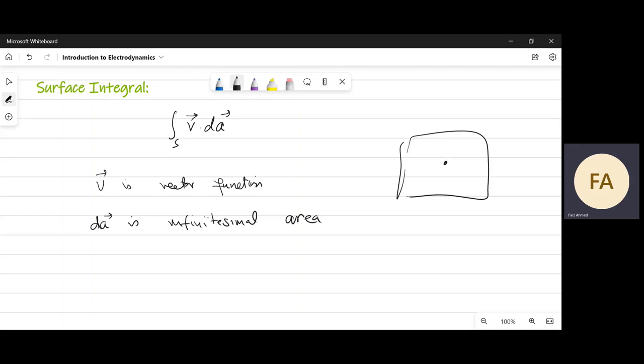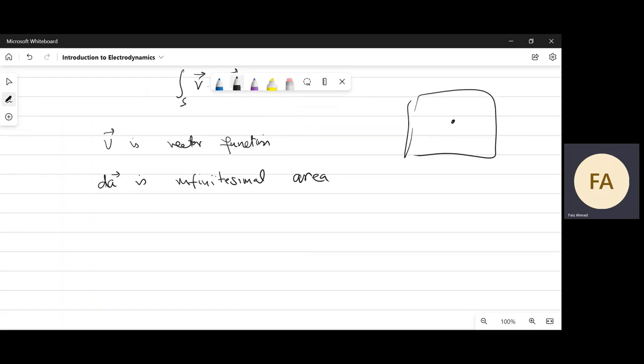The inward normal is normally taken with a negative sign. The area as a magnitude is positive, but the direction is pointing downward, so we take it as negative. For the outward normal, the direction is outward, so you can take it as positive.